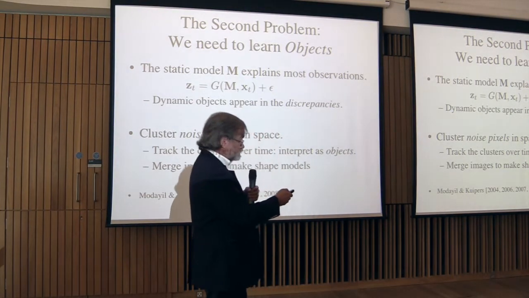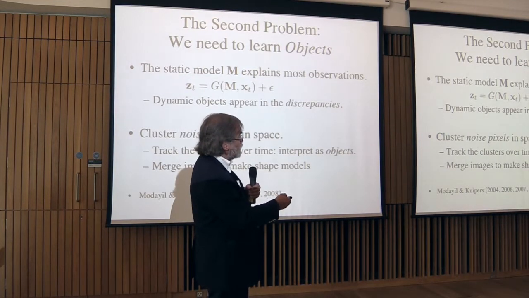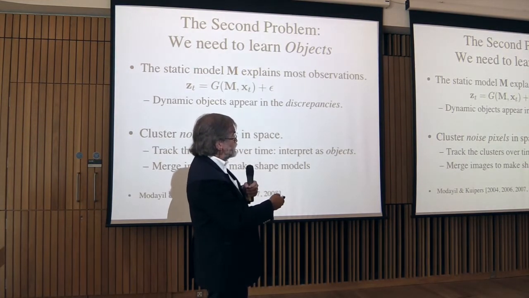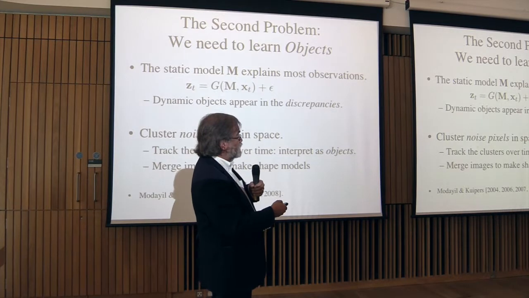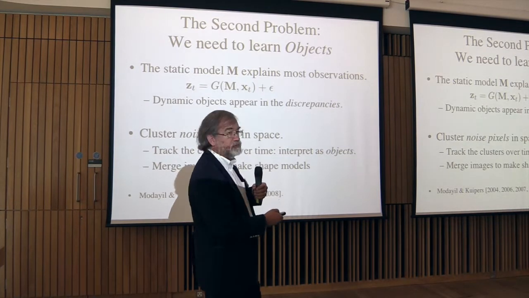So here's our explanation in terms of the static world. But we've got this epsilon term, which are the discrepancies between this static world explanation and what we've actually experienced. So I'm going to call these the noise pixels.